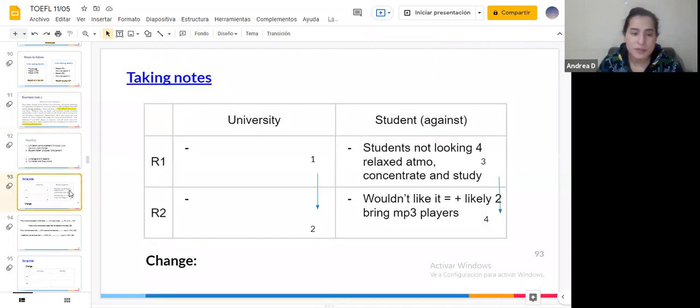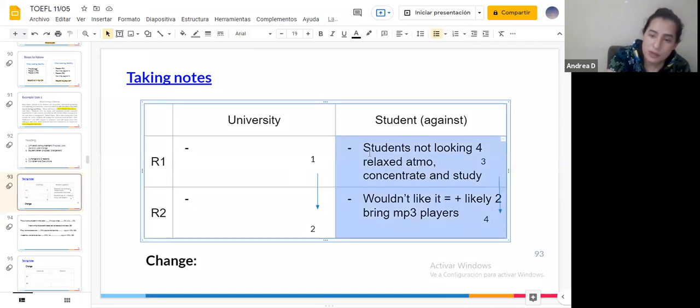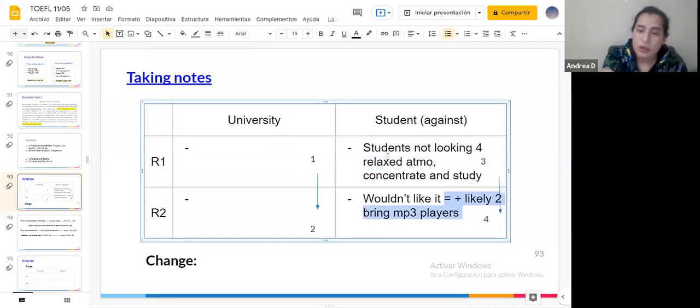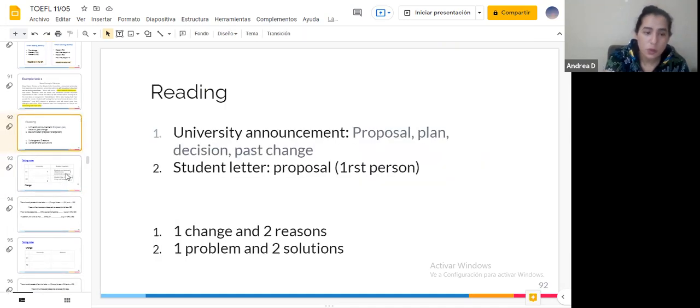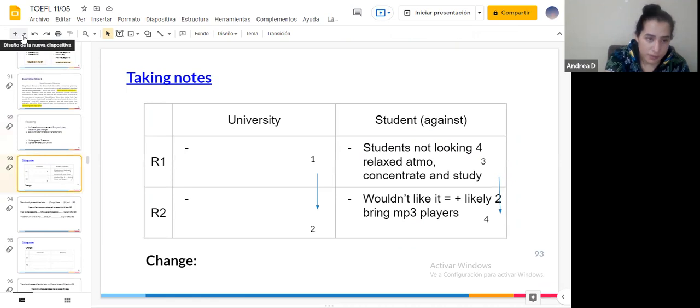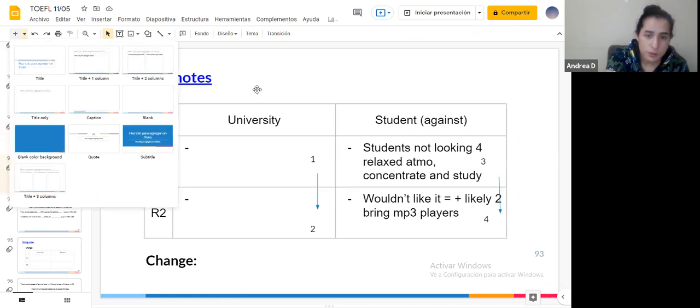So the university's goals are not going to be achieved, are they? So that's it. This is how your notes could look. Obviously you don't have to take full notes of full sentences, just some keywords is fine. Any questions about the example before we get to the response?